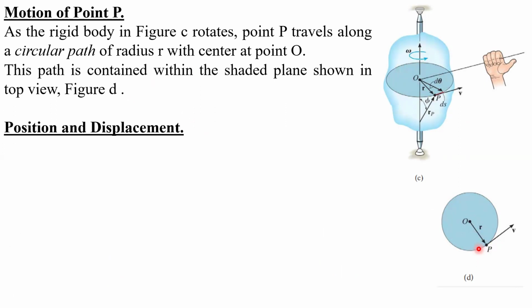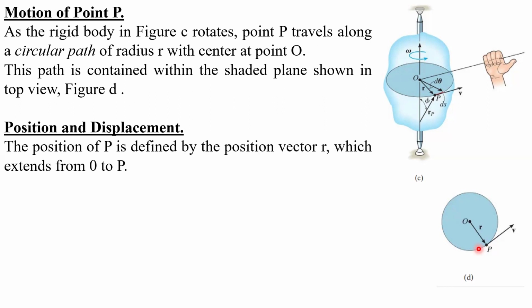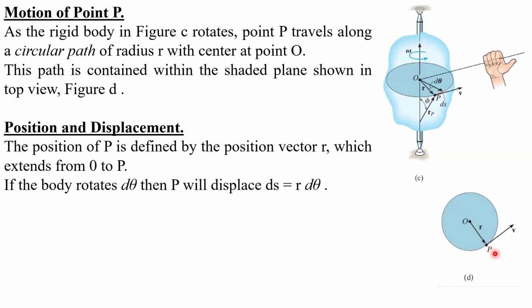Position and displacement: the position of P is defined by the position vector r, which extends from O to P. So if the body rotates by dθ, then P displaces ds, which is r dθ.